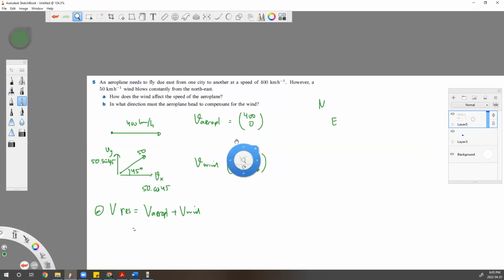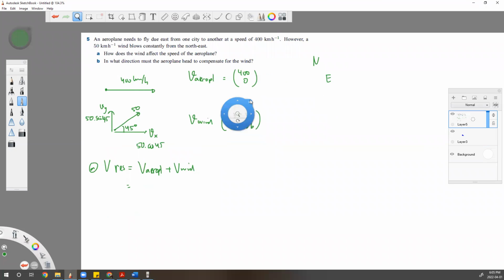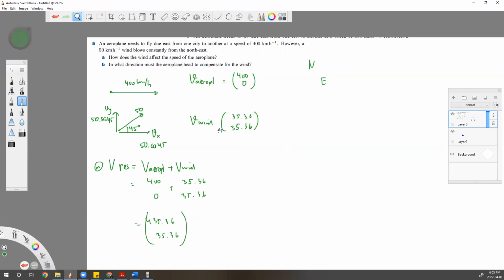Okay, combine. (400, 0) plus (35.36, 35.36), x with x, y with y, right? So 435.36 and then 35.36. And this is still the vector, but you are asked for the speed itself.